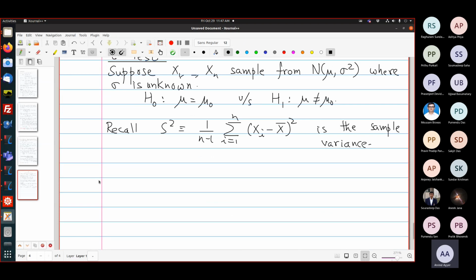So now our test statistic is t, which is equal to square root of n by s times x bar minus mu naught. Okay.